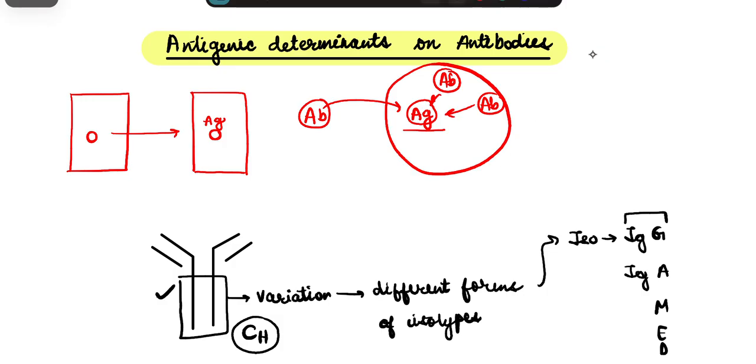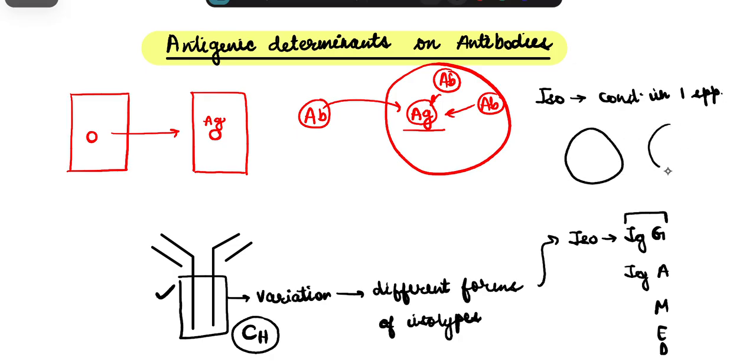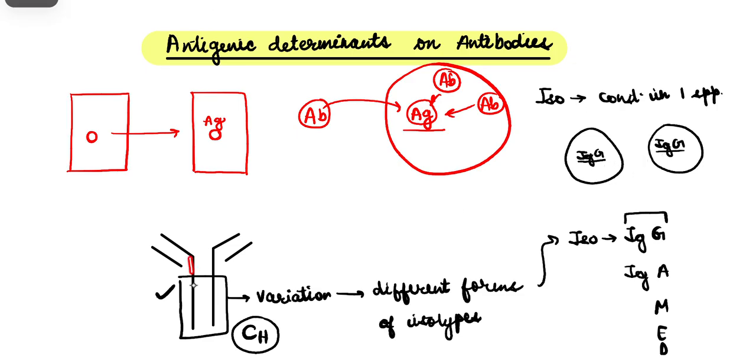Now for your kind information, I should tell you that these isotypes remain constant in one species. Meaning if I am taking two individuals of the same species and I take IgG in them, then these two will be isotypic to each other, which means that the CH region of both of these antibodies will almost be constant.